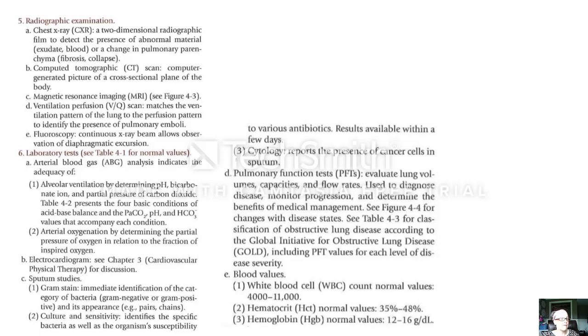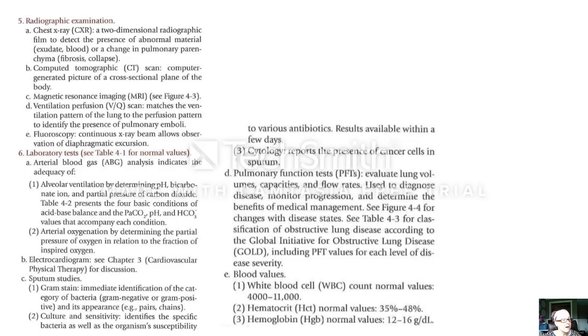Laboratory tests, see Tables 1 through 4 for normal values. Arterial blood gas analysis indicates the adequacy of alveolar ventilation by determining pH, bicarbonate ion, and partial pressure of carbon dioxide.